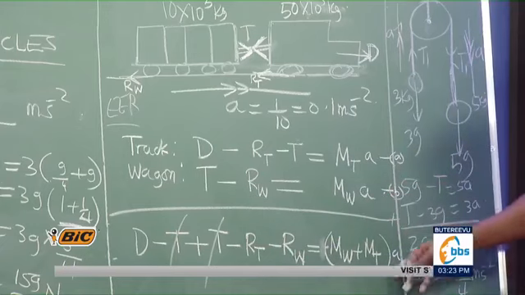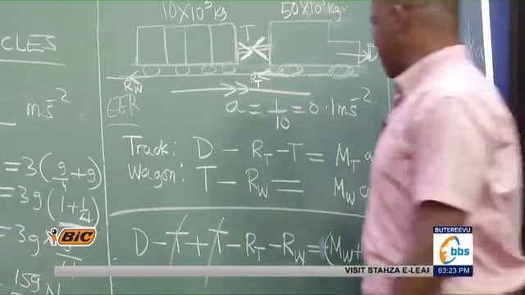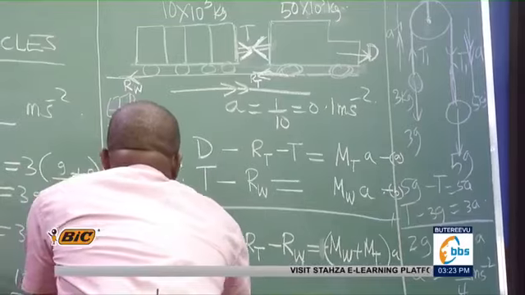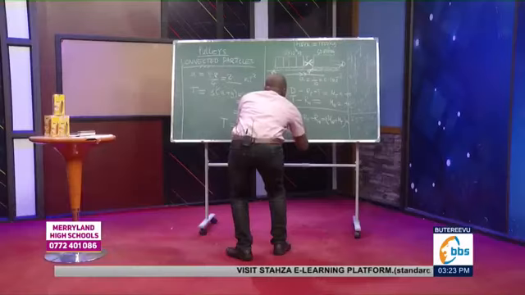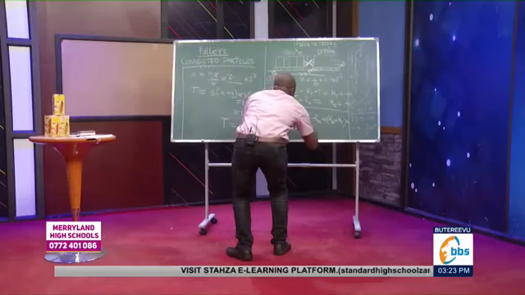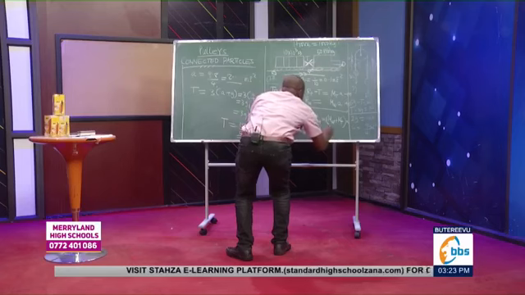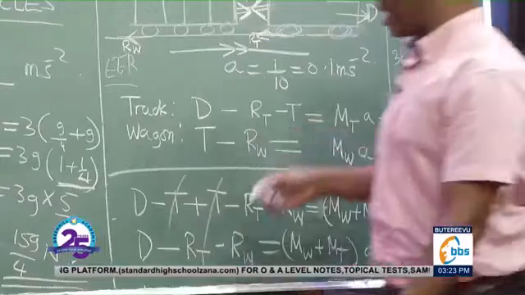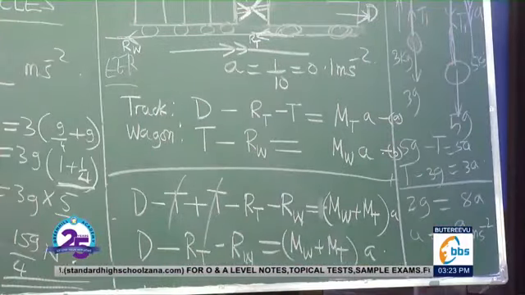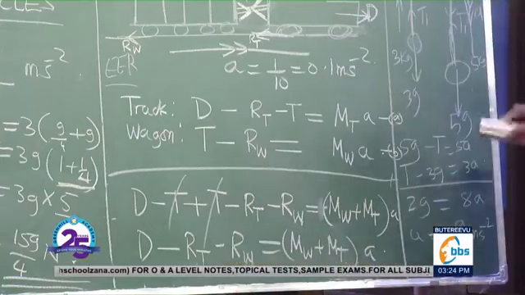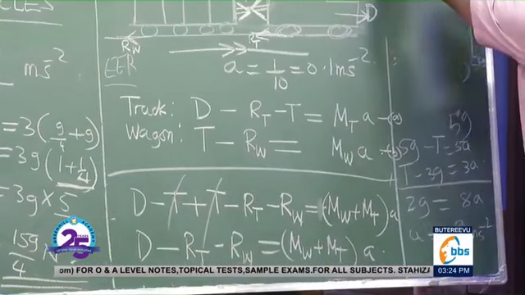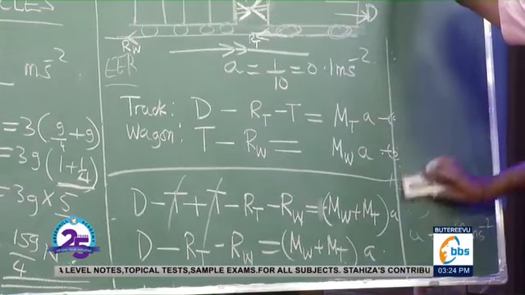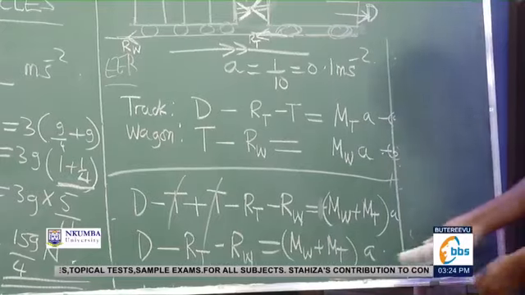So the general expression is D minus RT minus RW is equal to MW plus MT into the acceleration. I am going to use this now, but for the next question, there is a part that will require you to use this expression that I have just derived. This is a general expression.